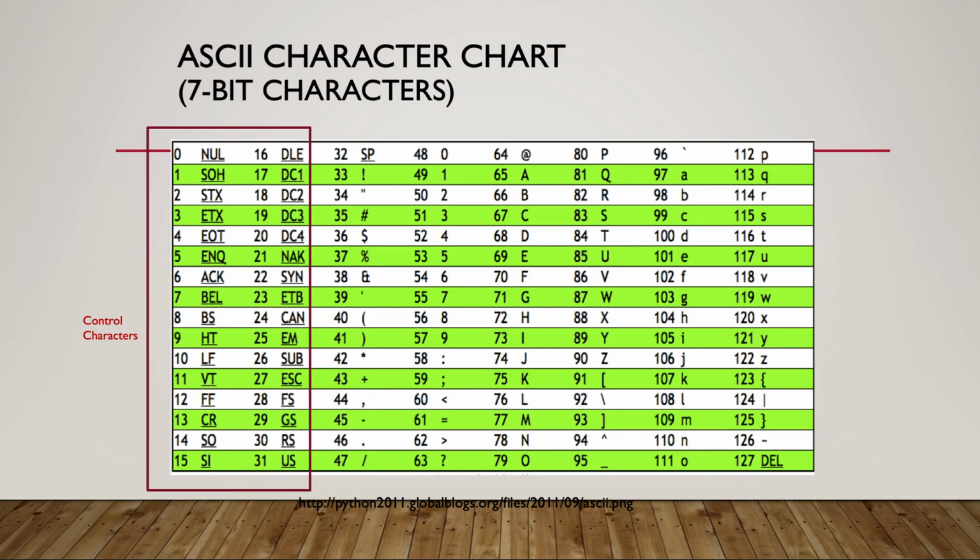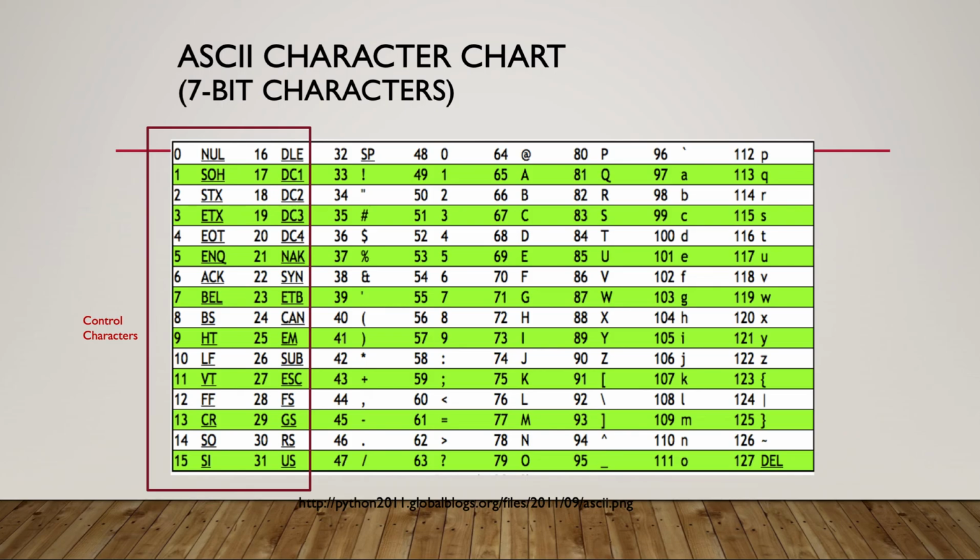The first code, 0, represents null. And be careful about space: the integer representation of this is 32, so they are different. When you assign these as strings or as characters, notice that they are completely different characters.